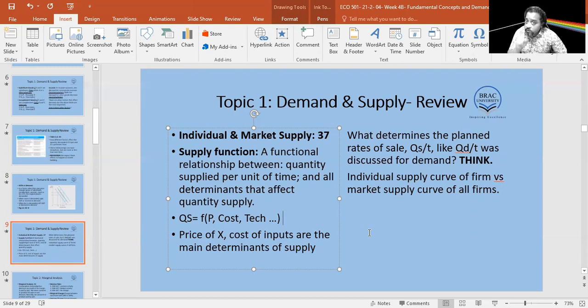If technology improves, supply will shift to the right because it's favorable on supply, and it's a variable other than price. So what we want to do is ask the question, what determines the planned rates of sales, i.e. QS per T, the amount of supply at a particular point of time, just like amount of demand at a particular point of time.